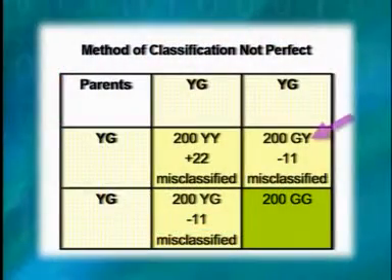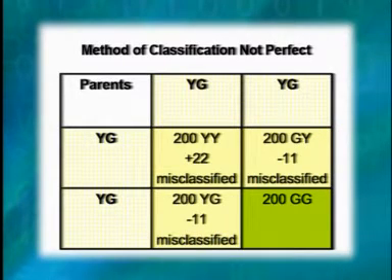Namely, when you crossbreed a heterozygous plant, that is a green and a yellow plant, and you randomly pick the two, the chance is 3 out of 4 that at least one of the two genes contributed will be yellow.